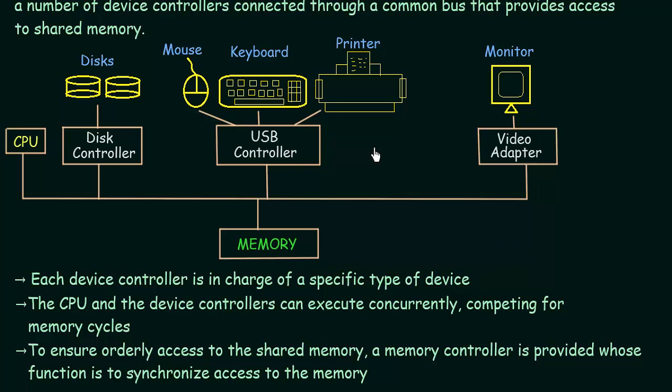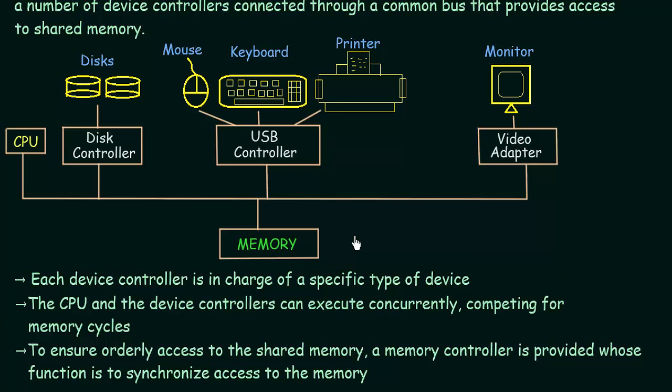Now in order to make all this work seamlessly without any lag or problems, what do we need? To ensure orderly access to the shared memory, a memory controller is provided whose function is to synchronize access to memory. As I already told you, all these devices need access to the memory because they all have to be loaded into the memory in order to work.